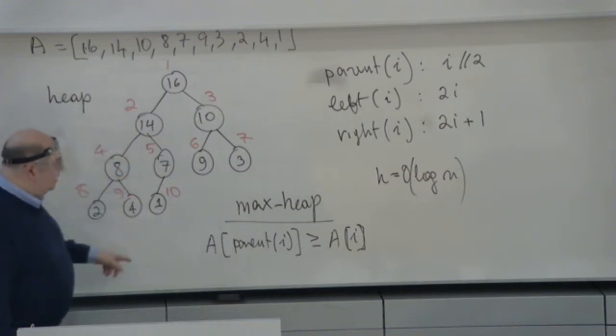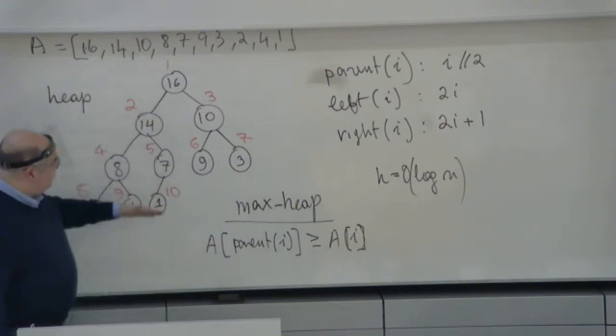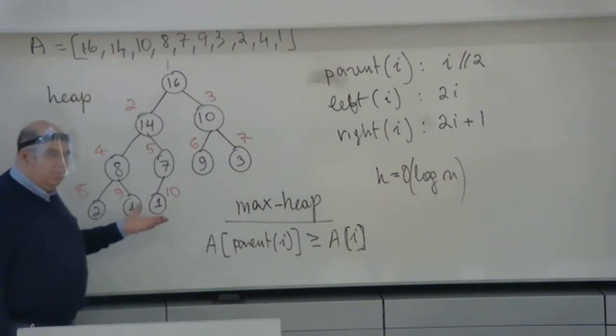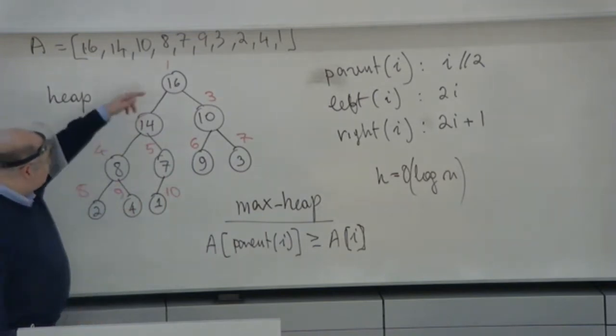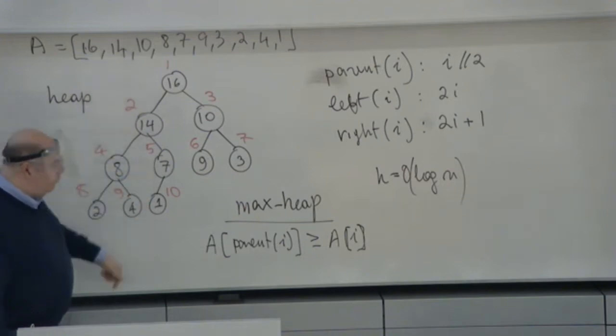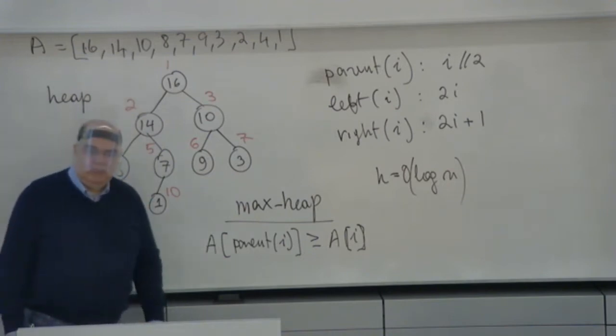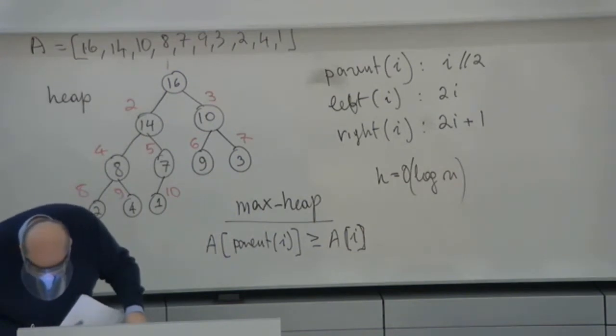Sorry, the height, which is h, which is log of n. Because the algorithms that we will see are going upwards or downwards, and so we are counting the height: the number of steps we take for going upwards to the root or downward to some leaf. Okay.